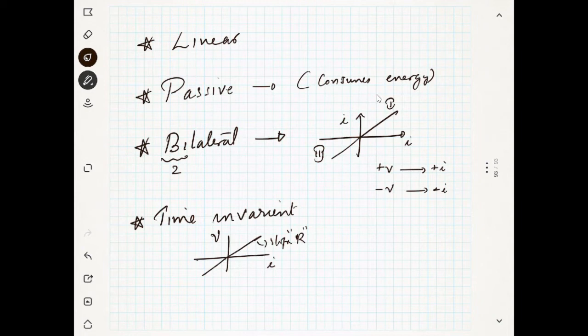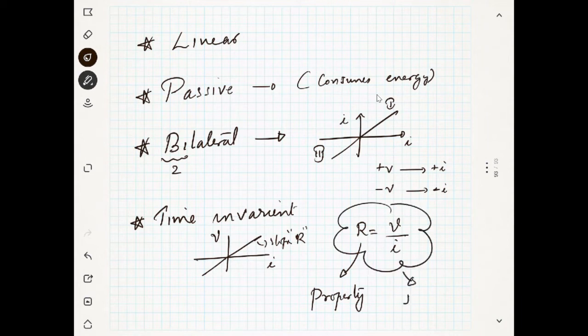So for resistance, you have a formula: V over I. It doesn't mean that the resistance depends upon the voltage. Resistance is the property of the material. This formula is just for calculation.